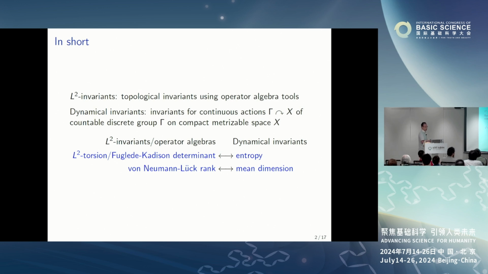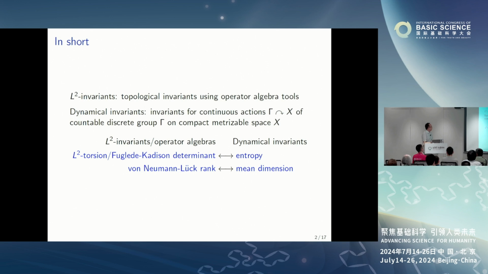So we look at continuous actions of countable discrete groups on compact metrizable spaces. Depending on the situation, on what kind of invariants we want to look at, we will actually specify the group. Sometimes it is required to be minimal, sometimes required to be even more specific, for example.